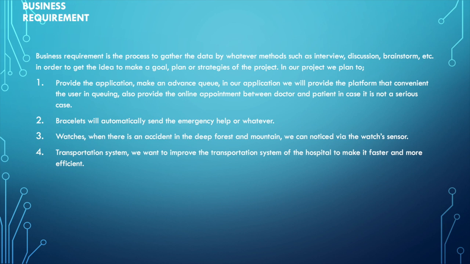So in our project, we have planned to provide the application, make an advanced queue. In our application, we will provide a platform that is convenient for the user in queuing. Also provide the online appointment between doctor and patient in case it's not serious case.